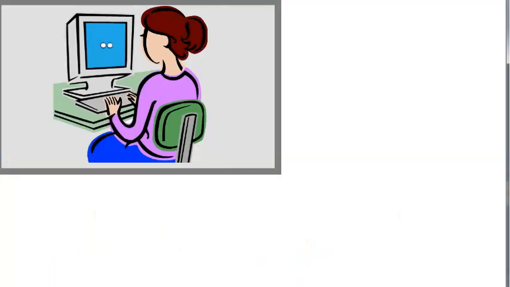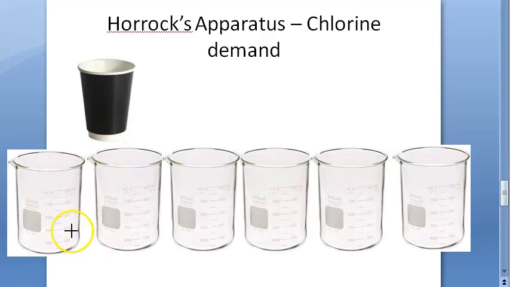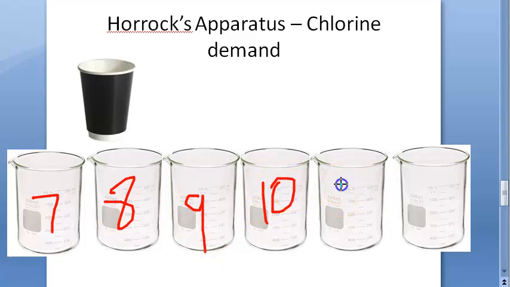So if you don't get blue color at all, then what to do? You just continue the same thing. Discard the first 6 cups of content and start again with fresh cups, thinking that it is the 7th, 8th, 9th, 10th, 11th, 12th cup, and then add the starch iodide indicator. Similar thing only you will do.